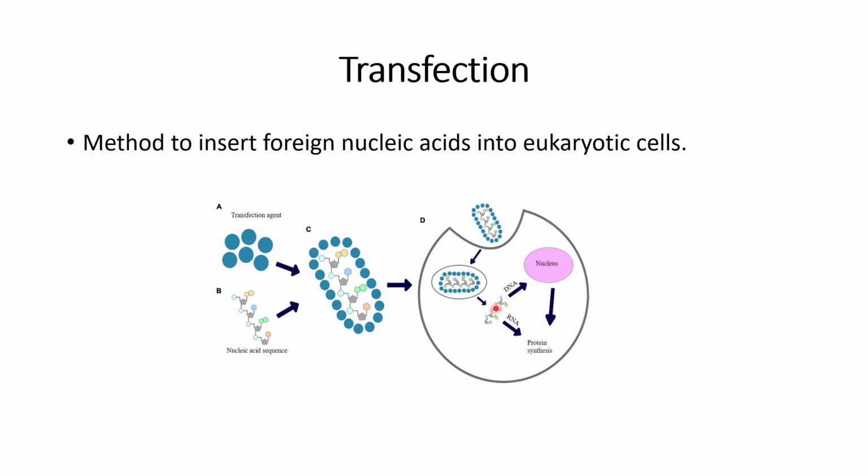However, in this figure both options are shown. One is that the DNA is converted into RNA and then into protein synthesis in the cytosol, and another is that the DNA goes to the nucleus, and there the regular transcription and translation process occurs, and then protein synthesis comes out.